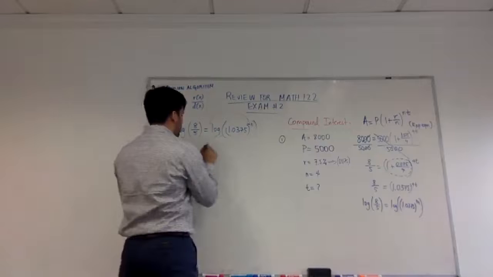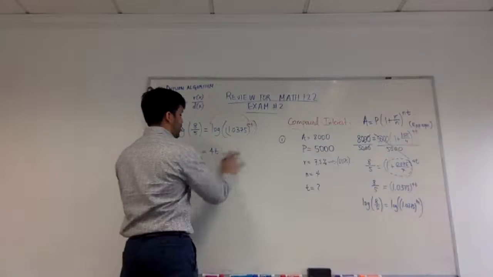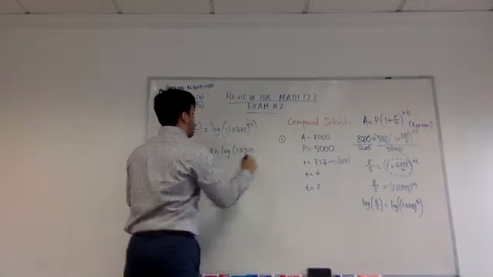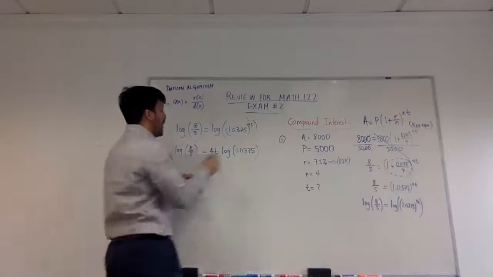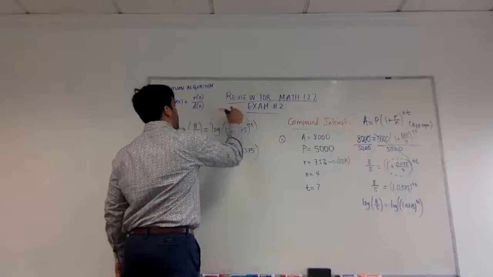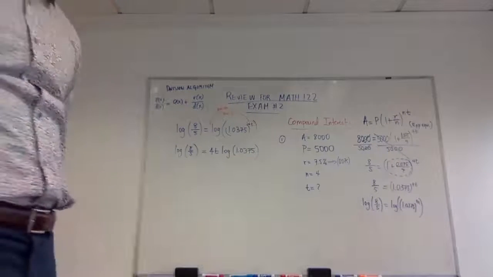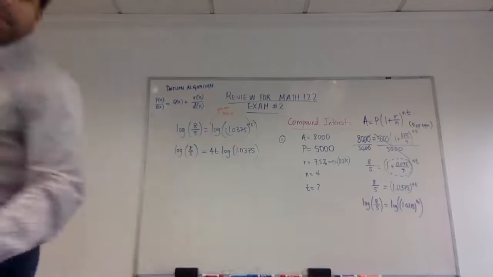So this will be 4t in front, times log of 1.01875. So I use the power rule here, and now look, I have the t. That t that I want, it's there.